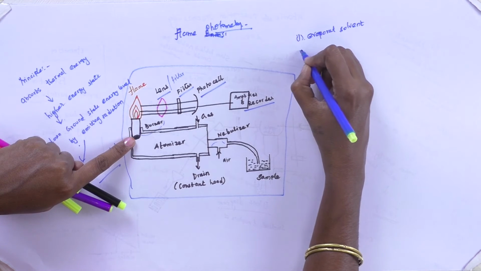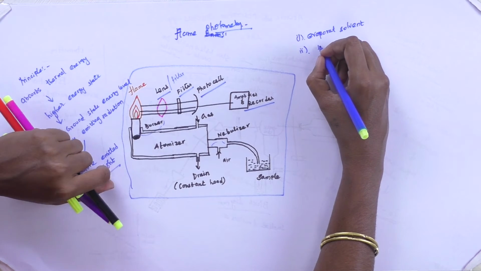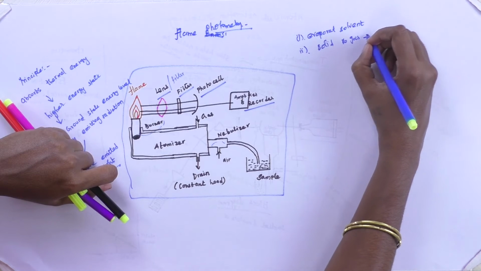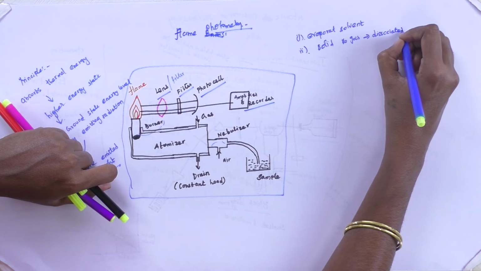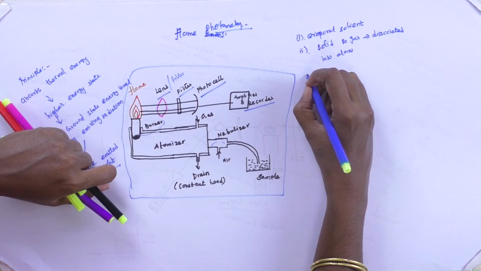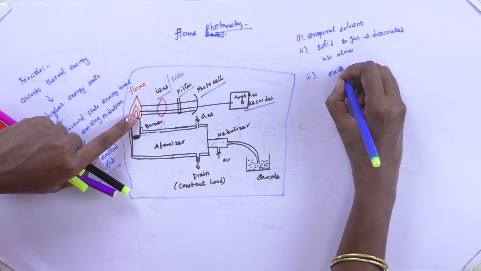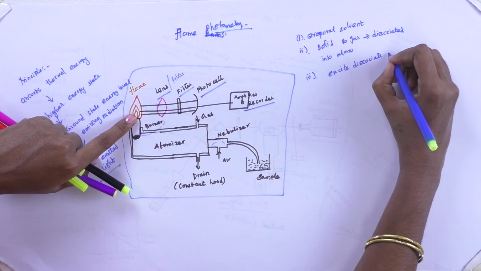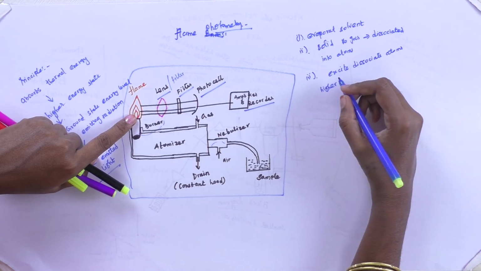Second, the flame should break the solid molecules into gas, and then the gaseous molecules are dissociated into atoms. Third, the energy given by the flame should excite the dissociated atoms to a higher energy level.